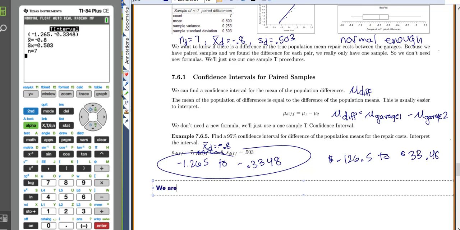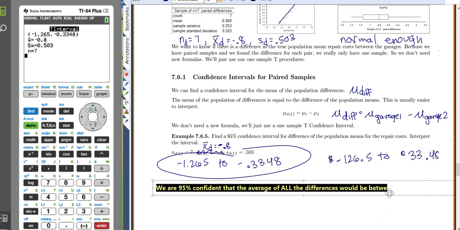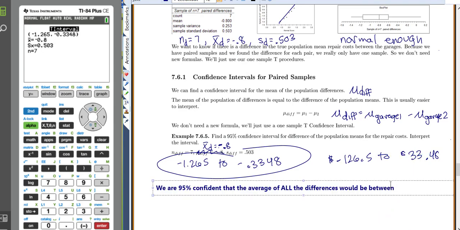So I could write, we are 95% confident that the average of all the differences would be between negative 126.5 and negative 33.48.